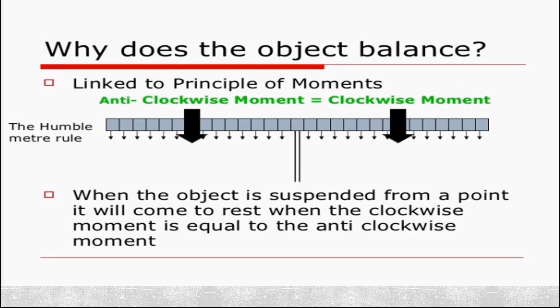If the rod is balanced, it means that the anti-clockwise moment is equal to the clockwise moment. So let's say this balance point is its middle point. This is the middle point where the rod is balanced. So this will be the center of gravity of the rod.